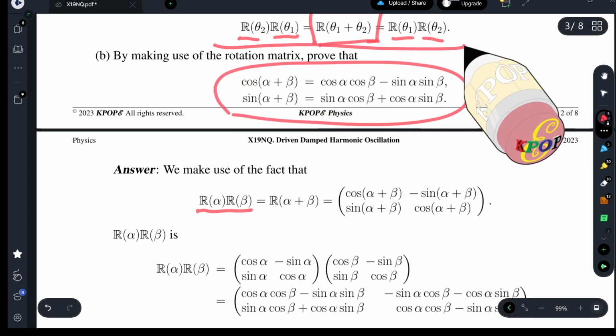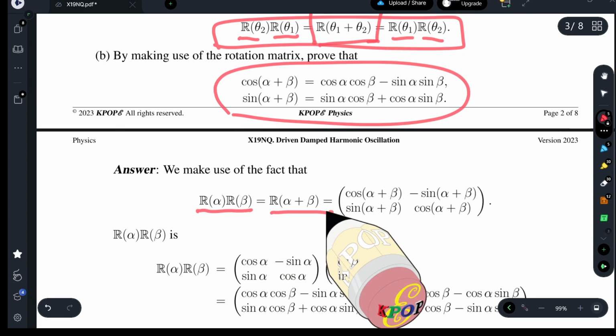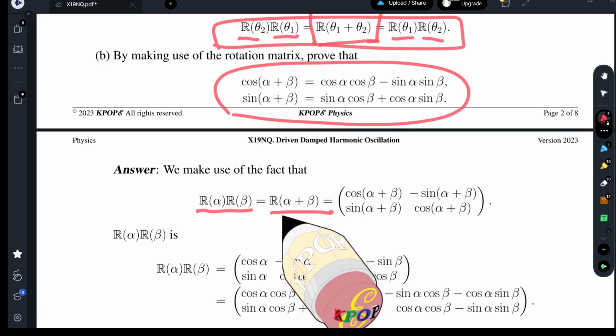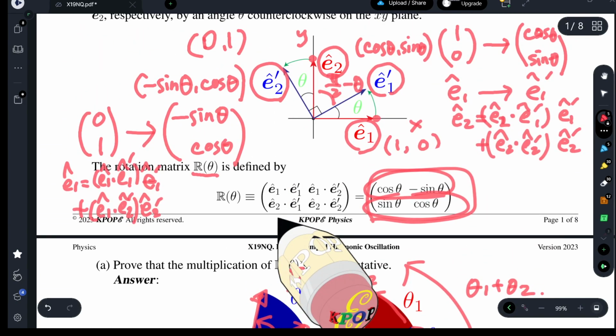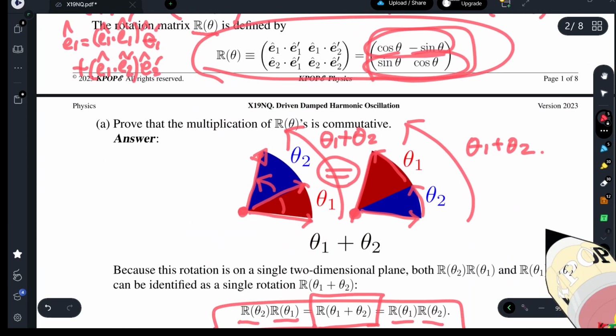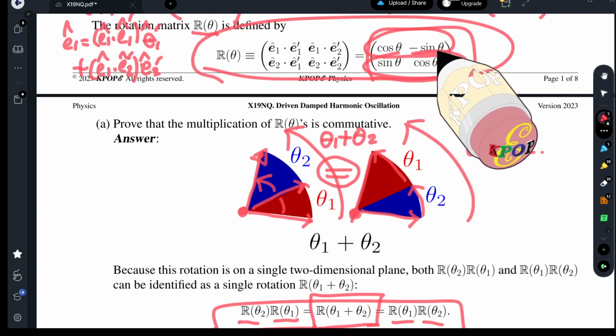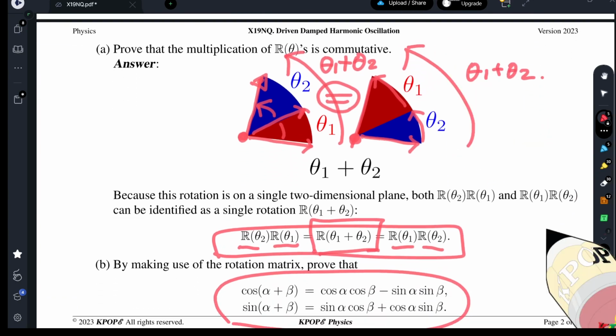As we have already stated, it must be the same as a single rotation matrix by an angle of the sum. Because we have already obtained a single rotation matrix, I substitute alpha plus beta for these angles, theta.